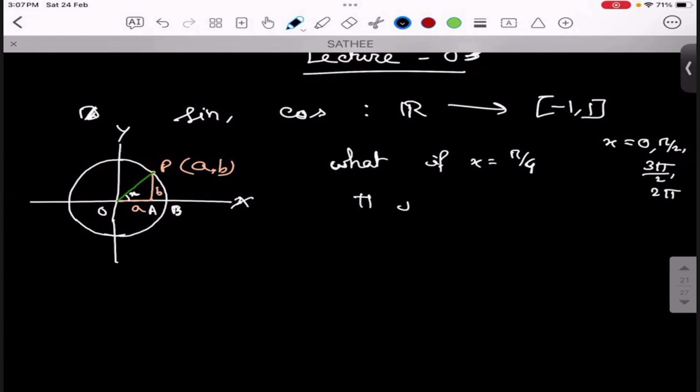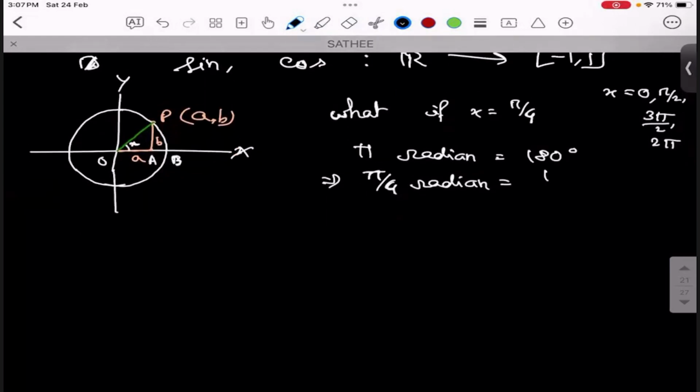Pi radian means 180 degree. This means pi by 4 radian means 180 degree divided by 4, which equals 45 degree.